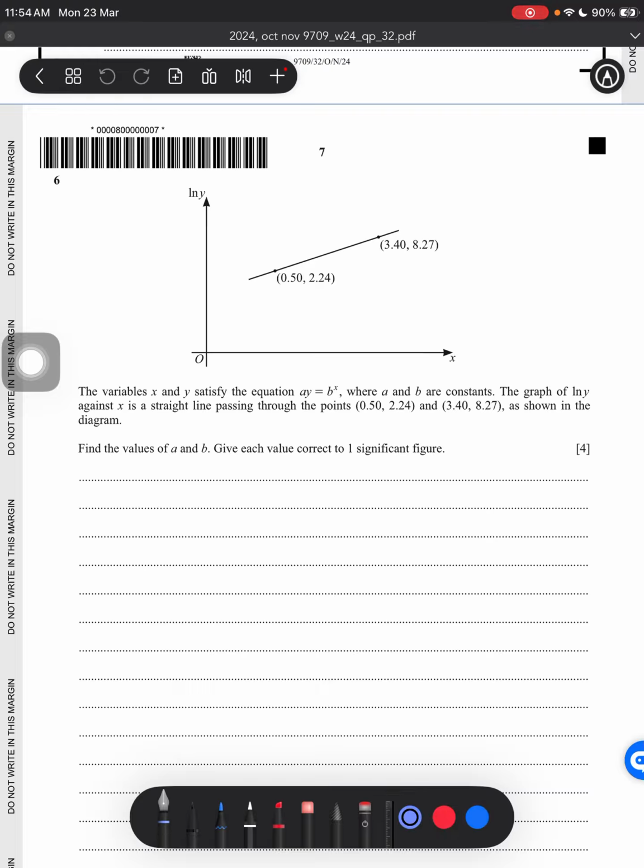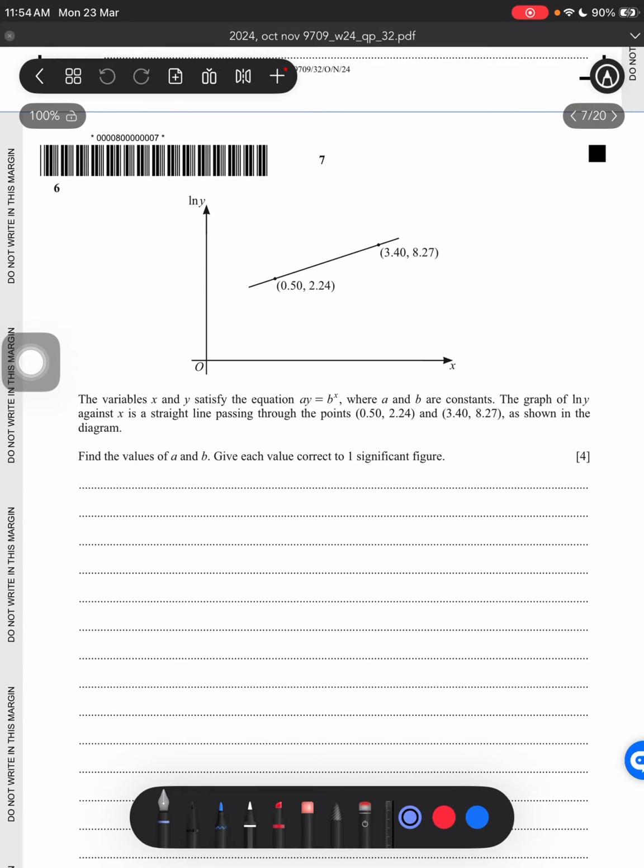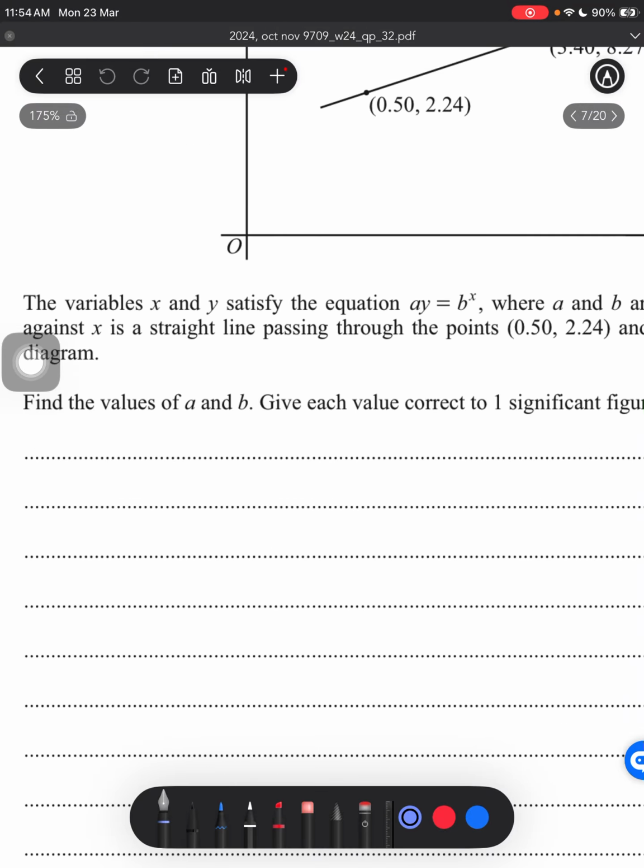This can be simply solved by taking ln on both sides. So we'll simply write first of all the equation.